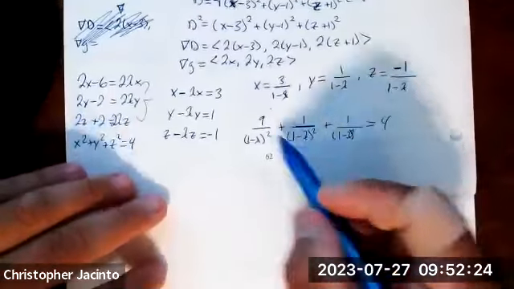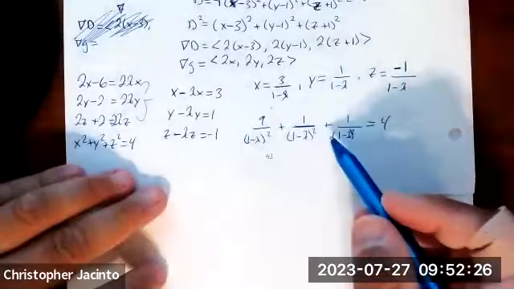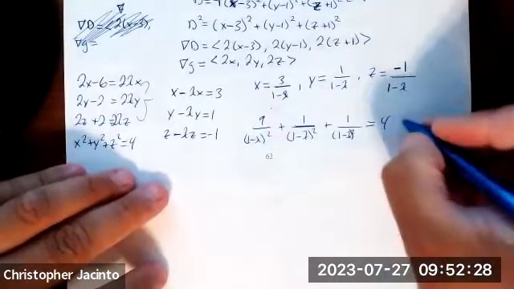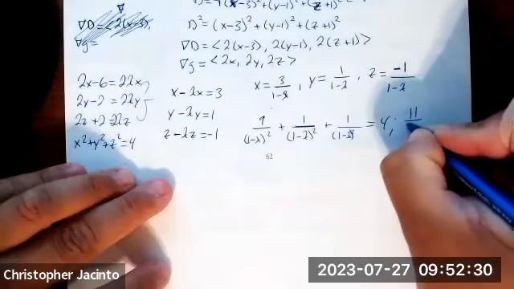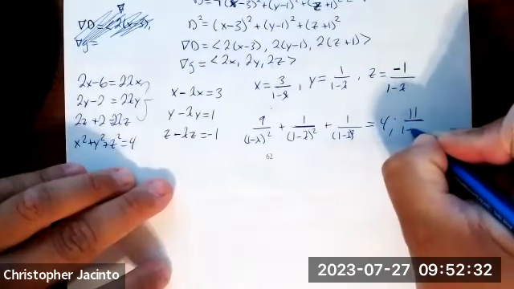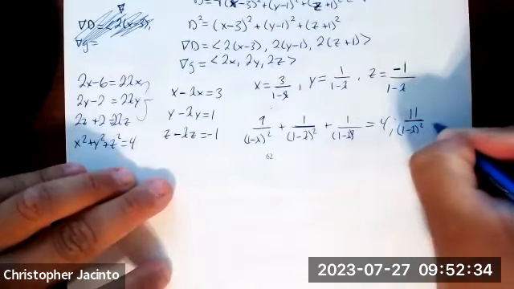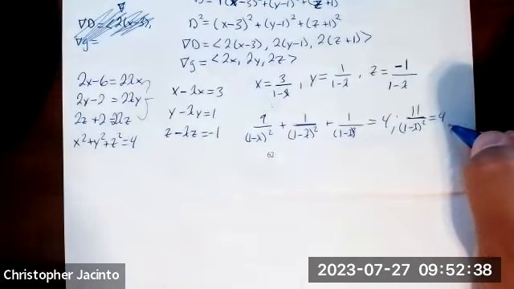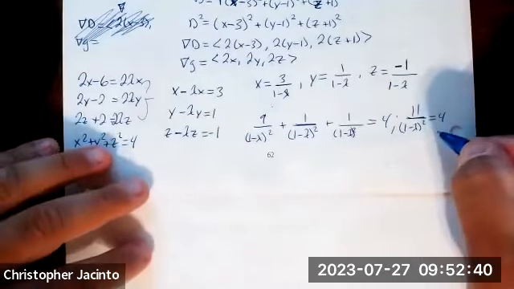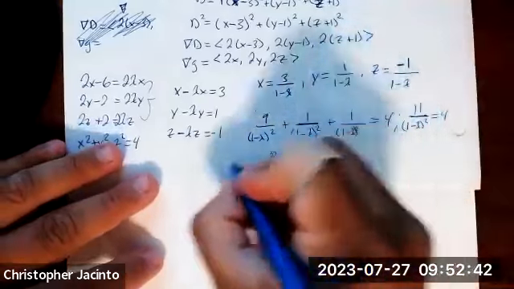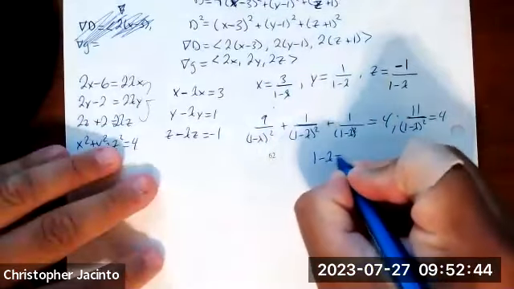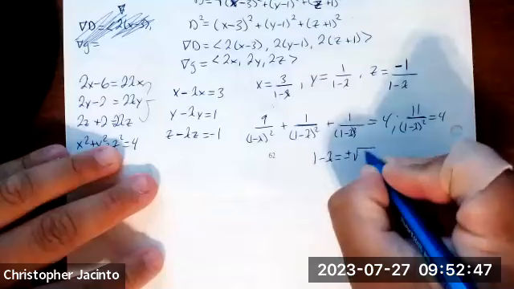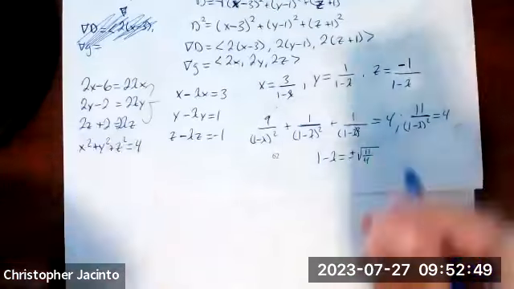Which is kind of nice because we could just add them because they're common numbers, so 9, 10, 11. So this ends up being 11 over 1 minus lambda squared equals 4. So bringing this over, dividing by 4, and then taking the square root, we get 1 minus lambda is equal to plus or minus the square root of 11 over 4.